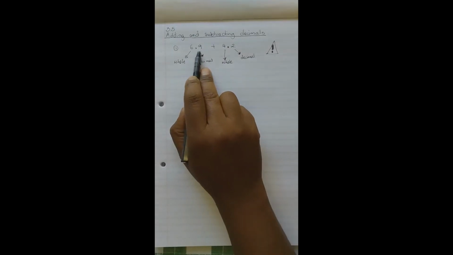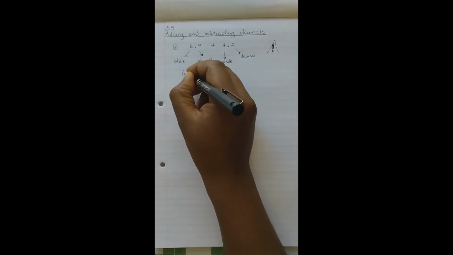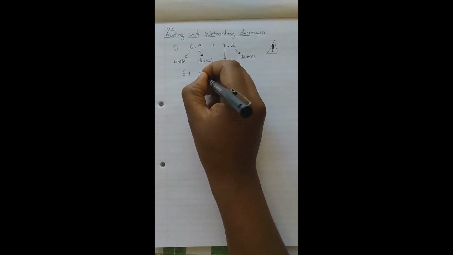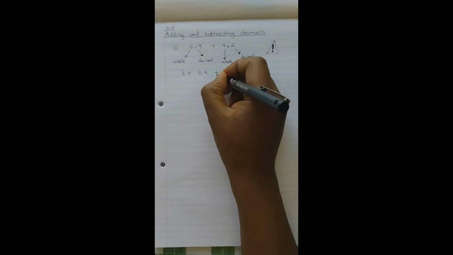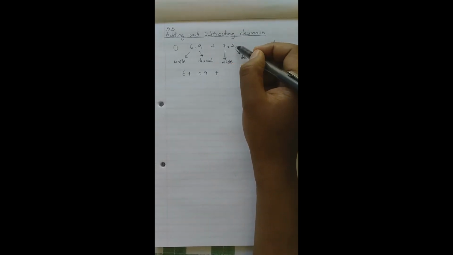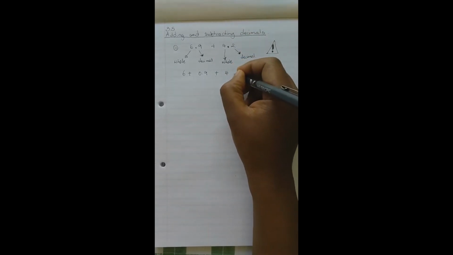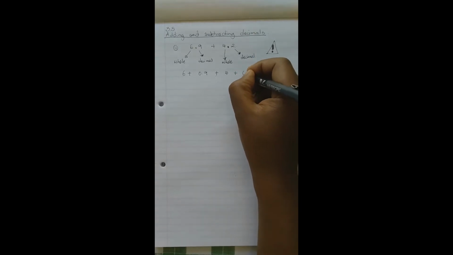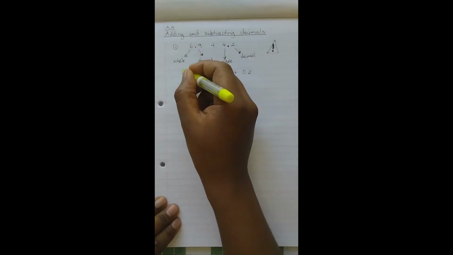So what I'm going to do is break this down into its parts. 6.9, break this down into 6 plus 0.9. Bring down that plus. 4.2, I'm going to break down into 4 plus 0.2.